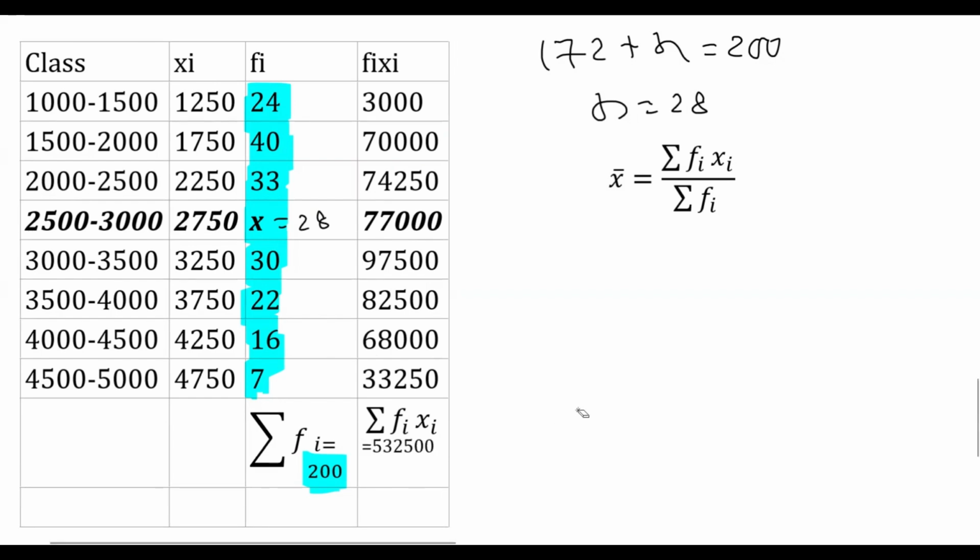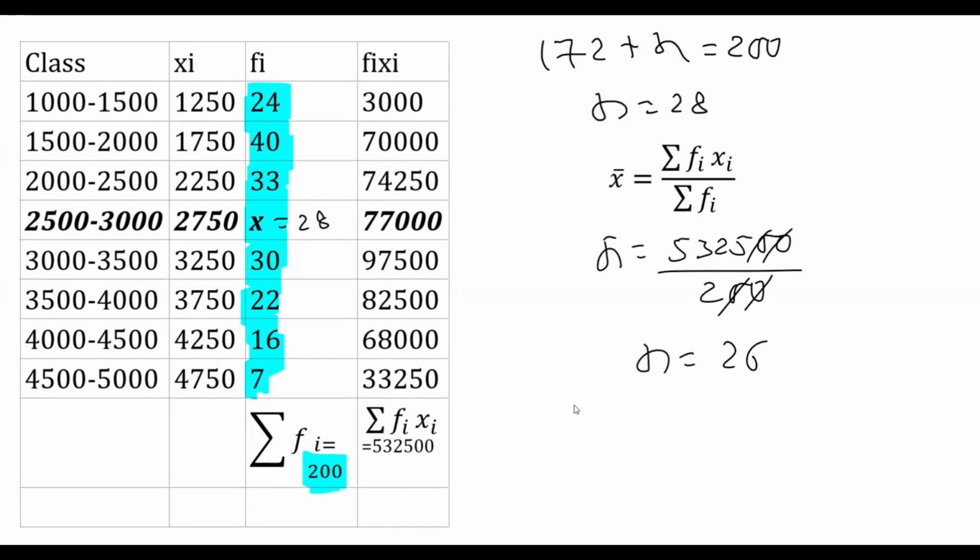Now we have to find the mean, and the final working here will be mean is sigma fi xi, which is from here, that is equal to 532500, divided by sigma fi, which is 200. So I can reduce this to get the value of the mean, and that comes out on dividing.